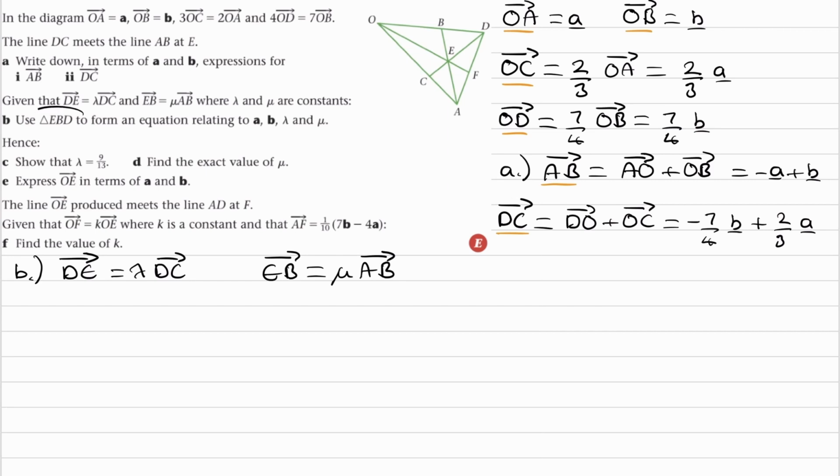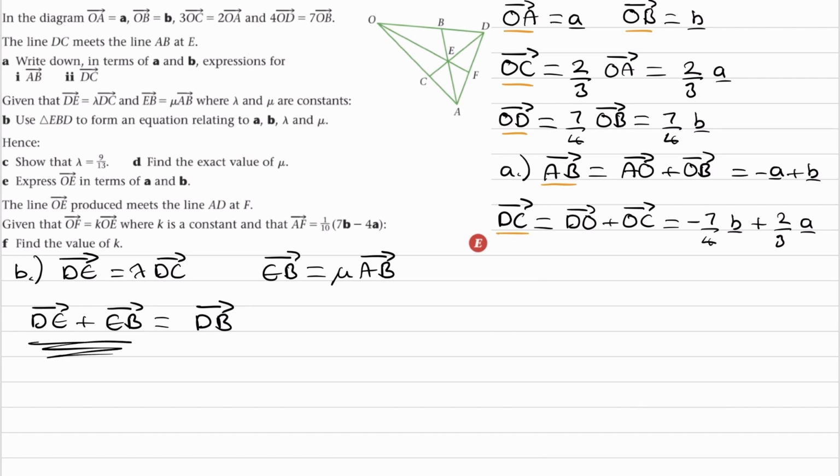And then we're trying to use this triangle, EBD, so this one here, to form an equation relating all of these quantities. Okay, so then we have DE, and then we have EB. So if we add the two things, DE plus EB, this is the same thing as DB.